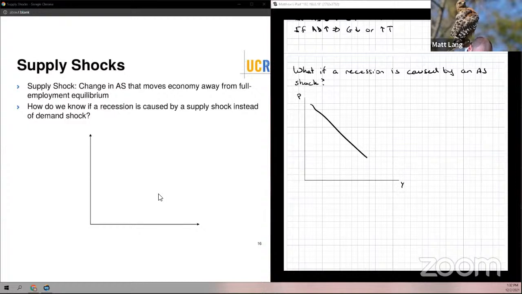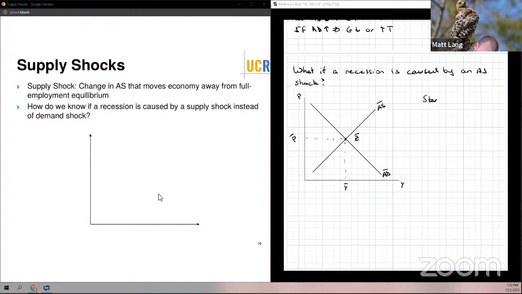So there's AS bar, there's Y bar, there's Z bar, and we'll call it P bar. We start here, at Z bar, Y bar, P bar.